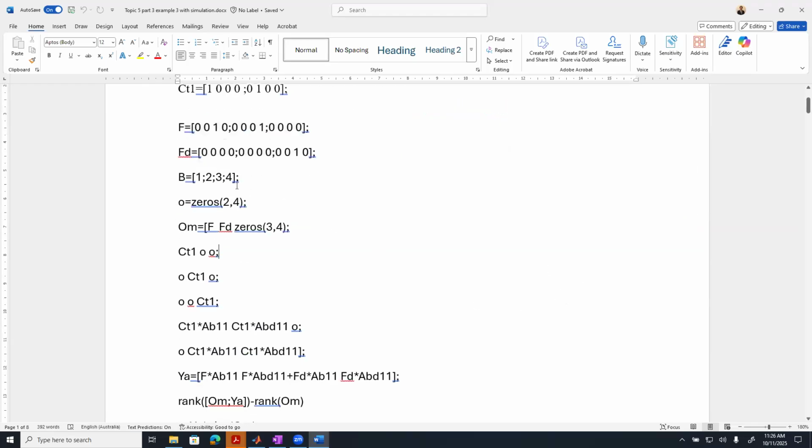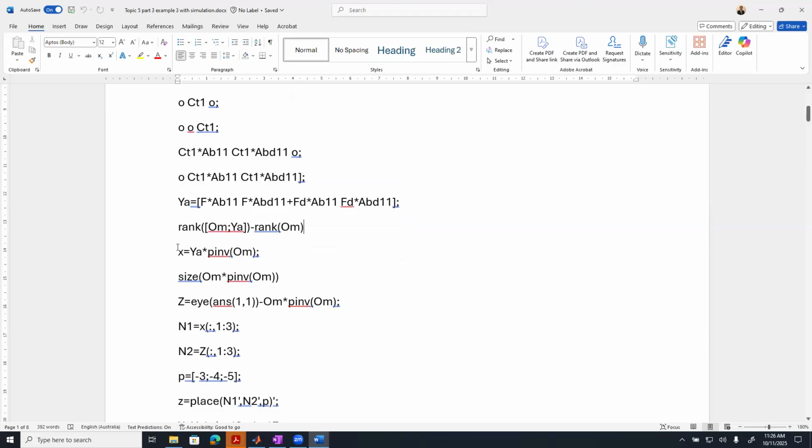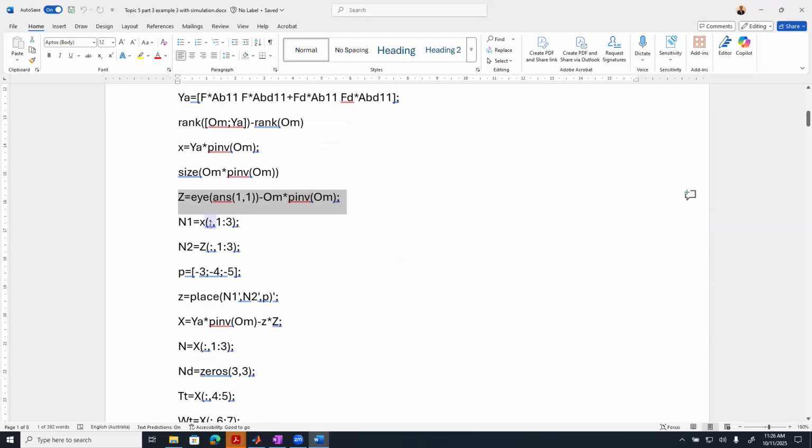And then we test the condition. We check that the rank of this matrix and the rank of this augmented matrix have to be equal. If it is satisfied, we get a solution in terms of this extra degree of freedom matrix. Then we pick from there the pair N1 and N2, and it turned out to be observable.